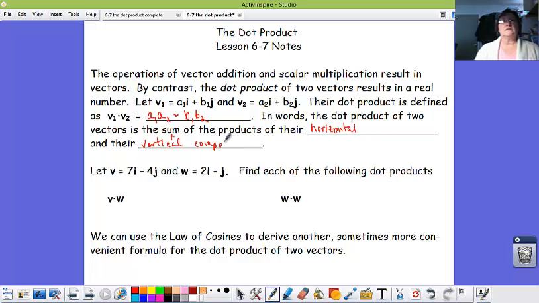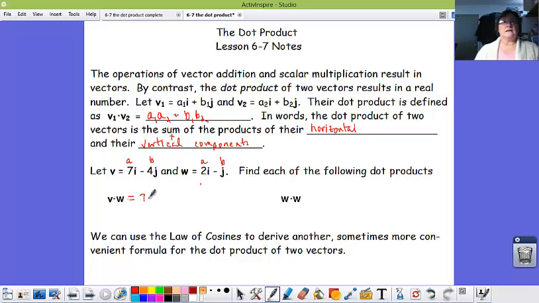And we've got a couple of practice problems here for you to try finding that dot product. So we have vector v is 7i minus 4j, and vector w is 2i minus j. We're going to find the dot product v dotted with w. So if we think about this as being a and b, we're going to multiply the a's.